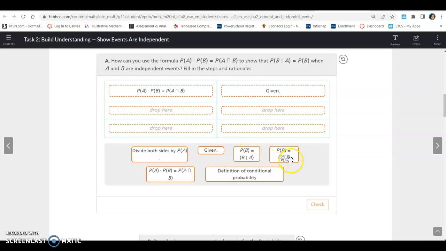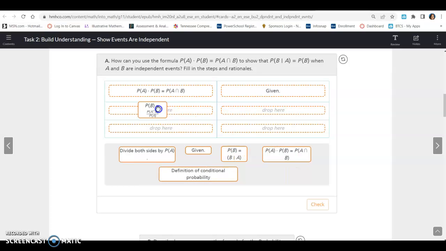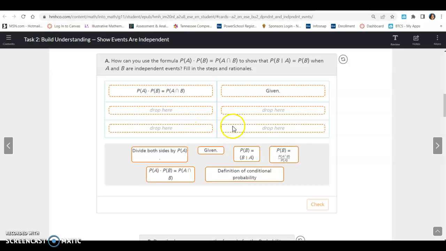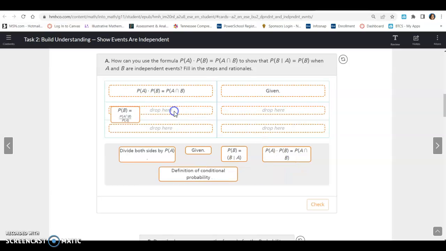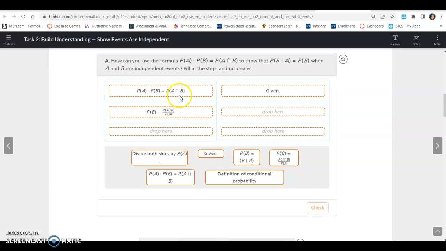We have this here. If we divide both sides by P of A right here, then we would have this right here. So I'm trying to look at how we can go from one step to the next step. If we divide both sides by P of A, then that gives us P of B equals this right here.